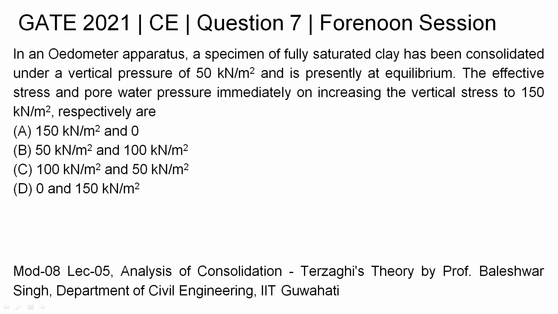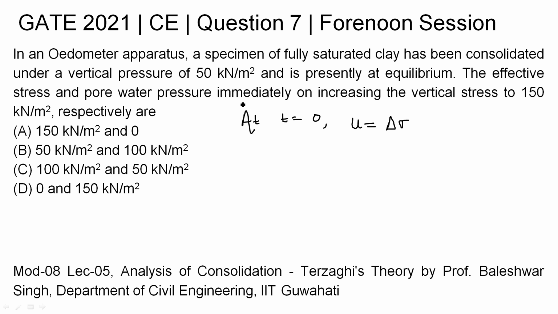So now our concern here is to find the effective stress and pore water pressure immediately. Immediately means at time t equal to 0. So we know at time t equal to 0, the pore water pressure becomes equal to the incremental stress. Whatever the extra stress applied on the soil, all the stress is transferred to the pore water at time t equal to 0, that is instantaneously or immediately.